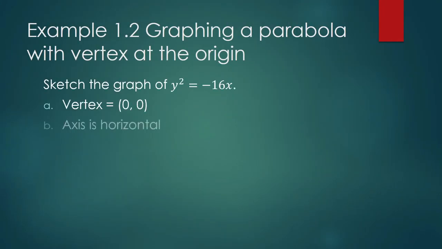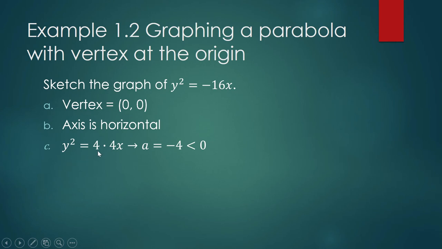How about this one? Sketch the graph of y squared is equal to negative 16x. The vertex is at the origin. It's y which gets squared. That means our axis is horizontal. Let us compute for A. Okay, I have a mistake here.